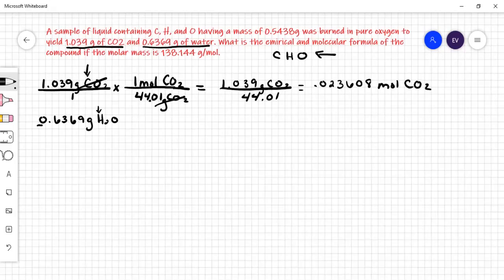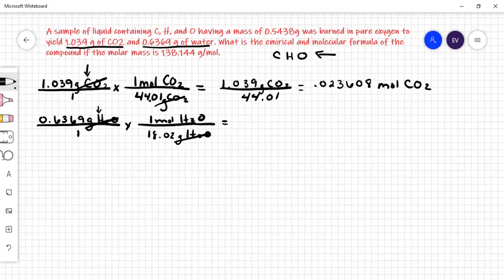If I do the same thing for water, I put this over 1. I know that 1 mole of water has a mass of 18.02 grams of water. So if I multiply straight across, remember that these units cancel, I'm going to end up with 0.6369 moles of water, and I'm going to divide that by a now unitless 18.02.